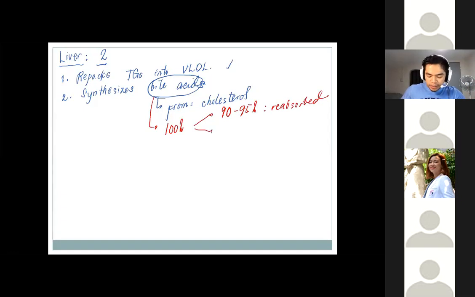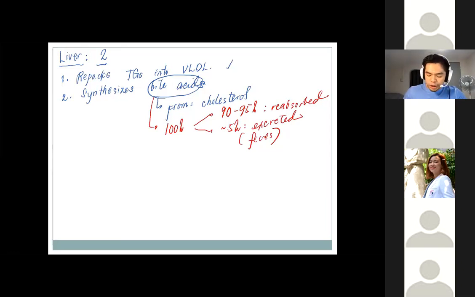And only approximately 5% ang na-excrete via stool or feces. So out of 100%, 90 to 95% ang nare-reabsorb, and then approximately 5% ang na-excrete in the feces.